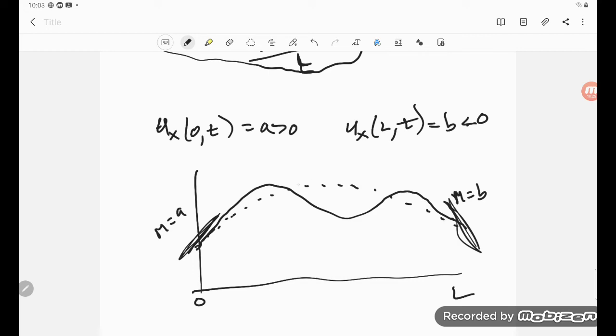It would probably be, if these were positive on the left and negative on the right like that, I would guess it probably smooths itself out into some sort of what we would call a unimodal function, a function with a single max or min. And in this case, I would expect it to be a max, and do something like this.